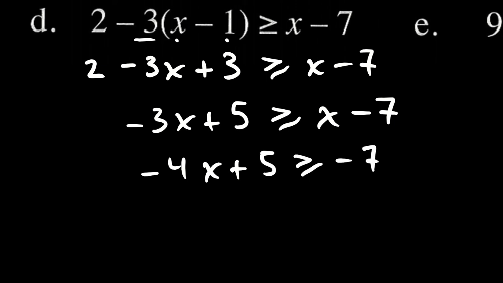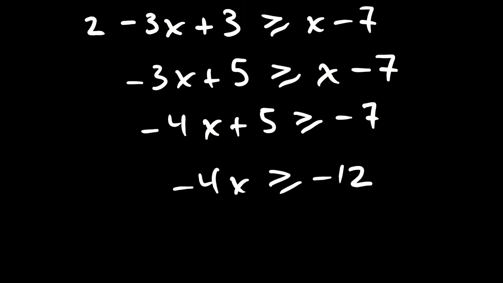I'm going to subtract 7 from both sides. So that gives me negative 4x is greater than or equal to negative 12. And then finally, I'm going to divide both sides by negative 4, and I get that x is greater than or equal to 3. So the problem is in this last step, right?